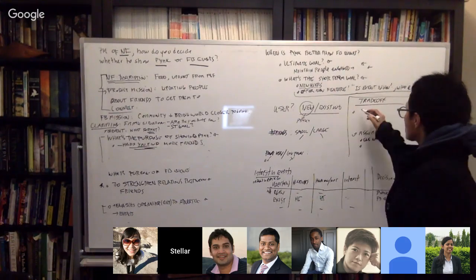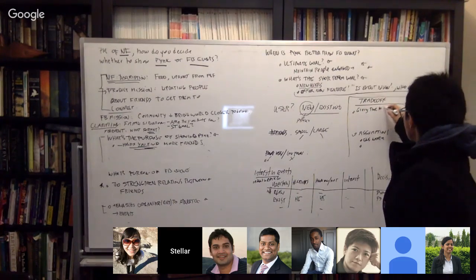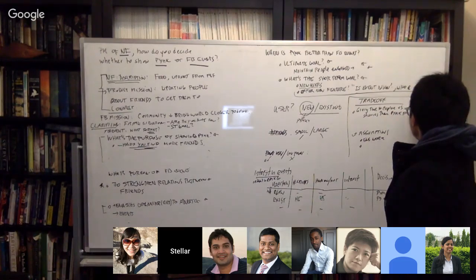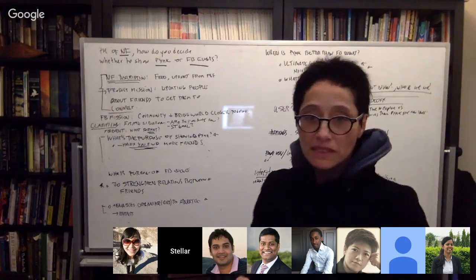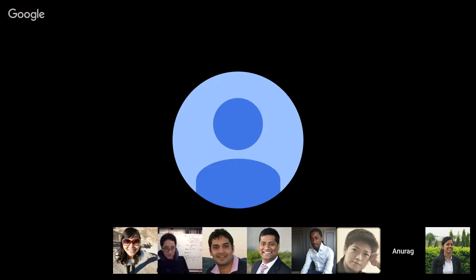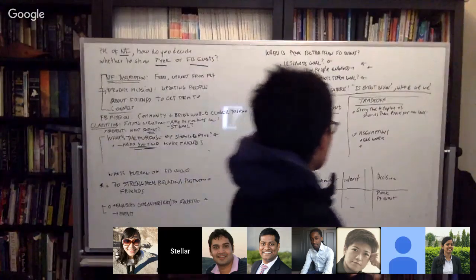It's like giving time to explore versus showing them one feature only, people you may know, for the new user. That's what you were saying, Anurag? Yes, that's what I was saying. Yeah, so there's a danger there, right?